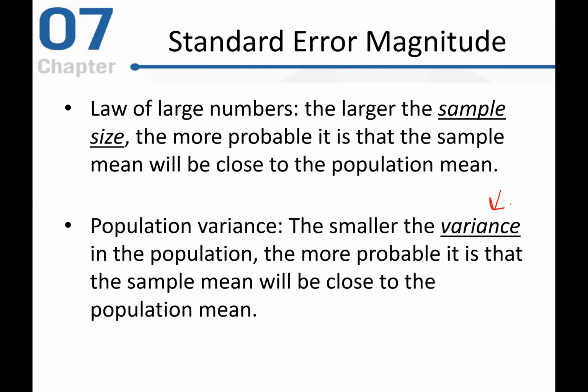So the closer the numbers are in the population, if we pull a sample of a certain size from that population and calculate the sample mean, the sample mean is going to be closer to the population mean because the scores have less variability.